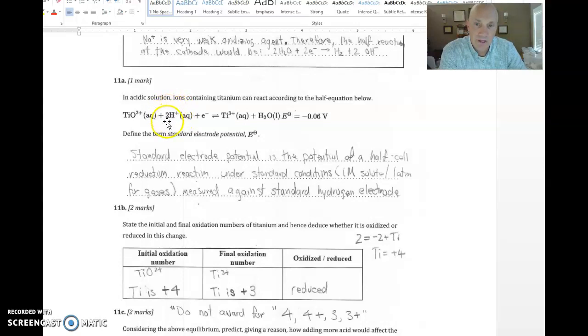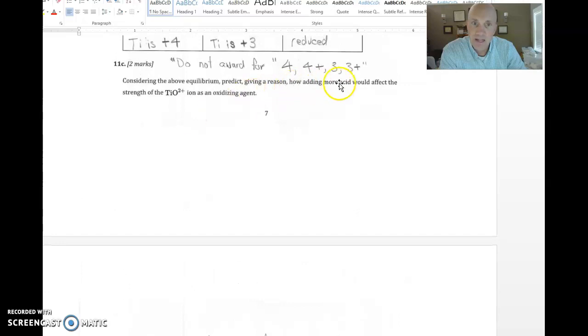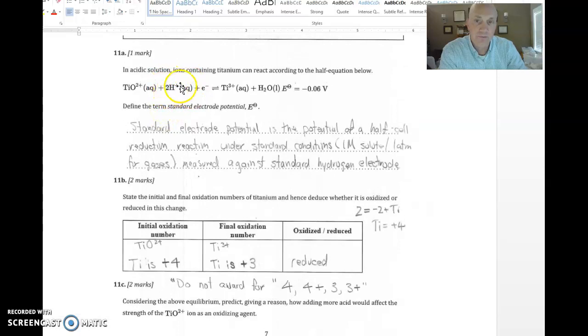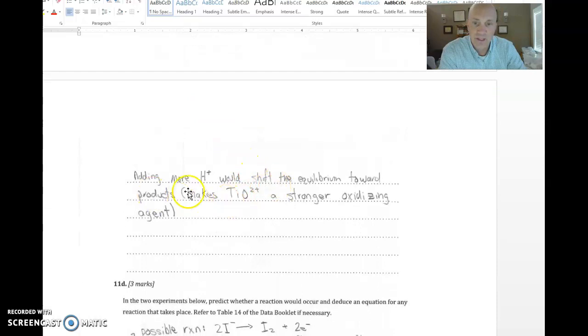If we increase the acidity, or how did they put it? They would say adding more acid. So if you add more acid, you're increasing the concentration of aqueous H+ ions. So that's adding to this part right here. That would tend to shift this towards the right, or another way of saying it, shift the equilibrium toward products.